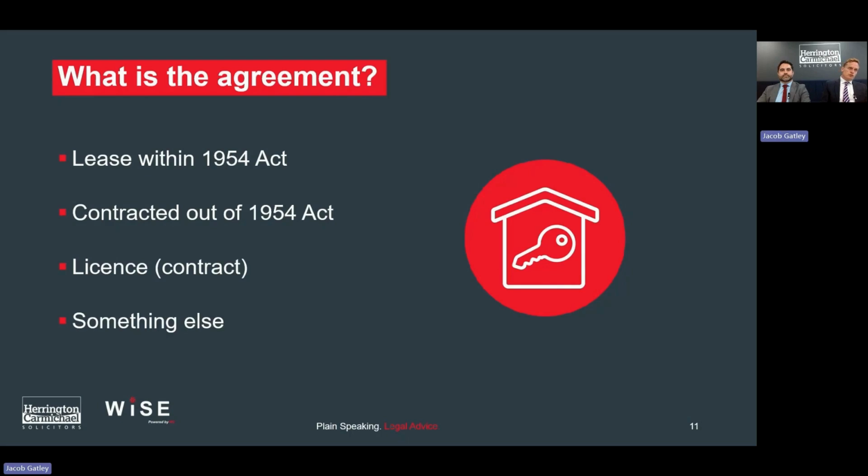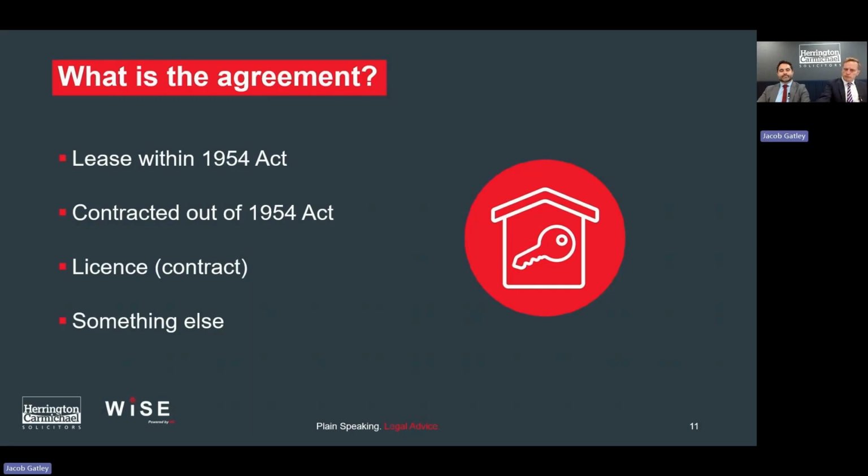It's worth mentioning that if you enter into some arrangement which is simply exclusive use of a bit of property for a payment of rent, particularly if it's for a term of a certain period of time, then that automatically brings in the 1954 Act, which can be beneficial for you as a tenant, and problematic as a landlord, and also problematic if you sublet or let someone else use a bit of your property. You can get yourself into difficulties in that way.